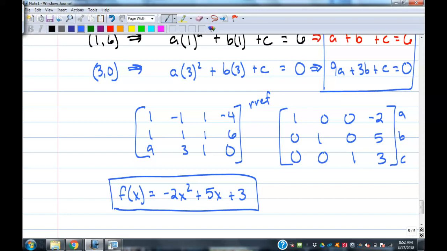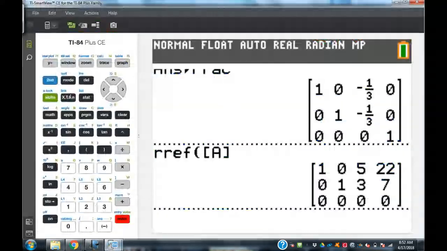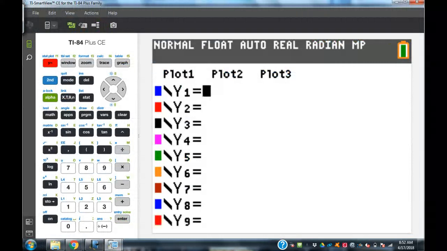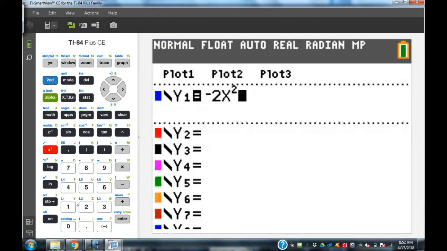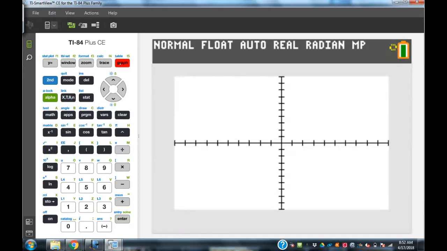How can I check to make sure that's correct? Graph it. Graphing calculator here. So -2x squared plus 5x plus 3. There's a parabola. That's the right shape, no doubt. We put in a quadratic. But does it go through the right points?